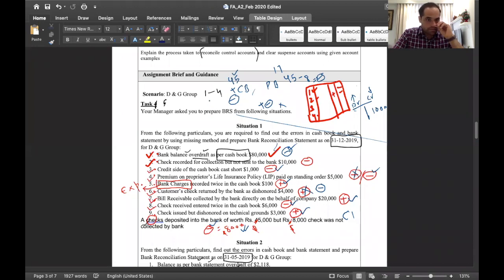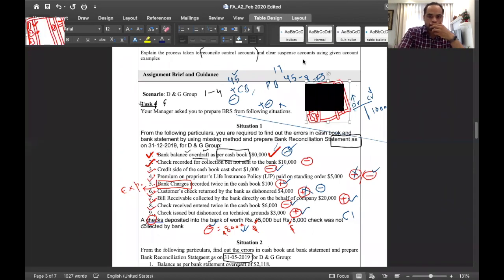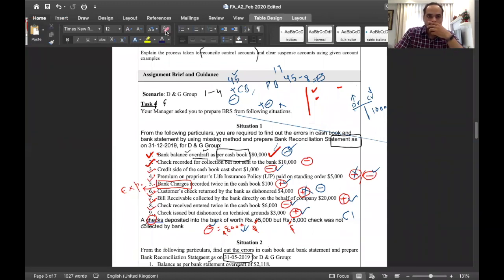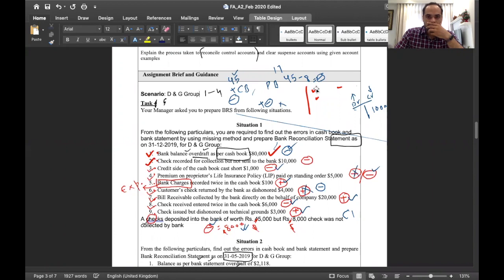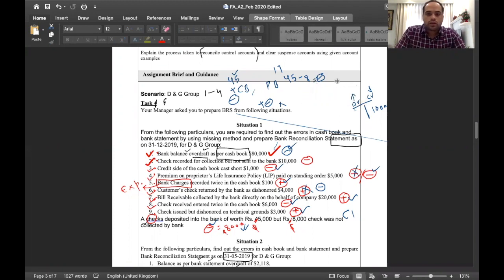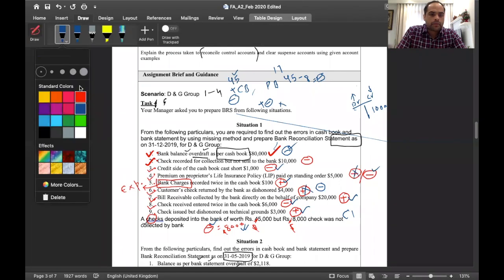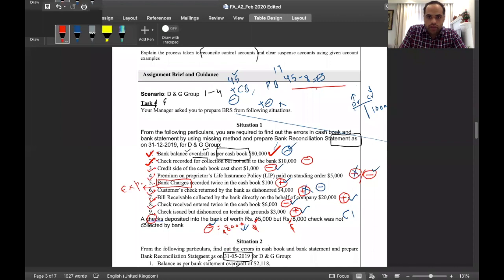In order to prepare cash accounts, I will prepare them here. You're going to tell me debit or credit side, and I will write it down here. If you make a mistake, I will help you fix it.